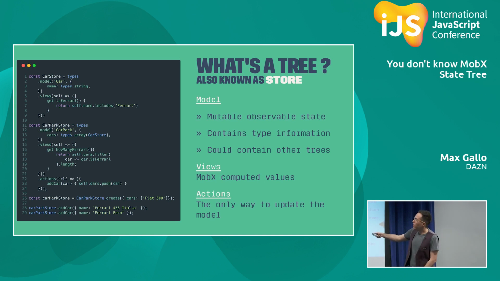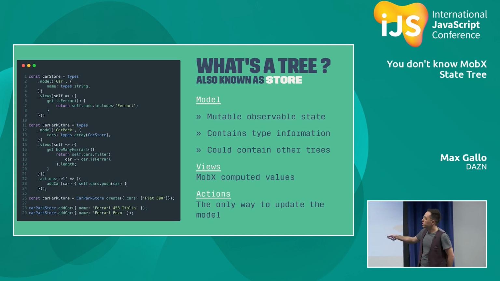As you can see, again, not going with the car store, but this is the car that we just saw. Then we have a car park store, which holds an array of car. As you can see here, we have types array, which is specifying that I need an array of types car. Nothing really far from rocket science.